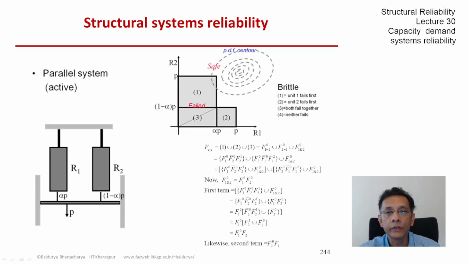When it is the union of 3 events, as we have in the top, it's 1 or 2 or 3. These are all disjoint sets. So in some sense it might be easier to analyze them. The probability of the union of disjoint sets is simply the sum of the probabilities, so it might be easier. On the other hand, F02 and F1 or F01 and F2, these events might be easier to conceptualize and to analyze a damaged structure.